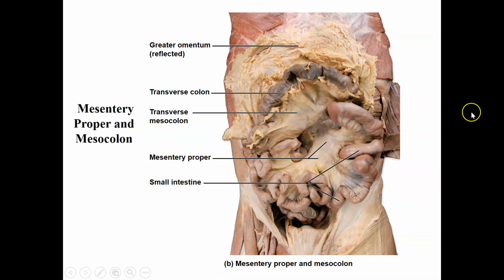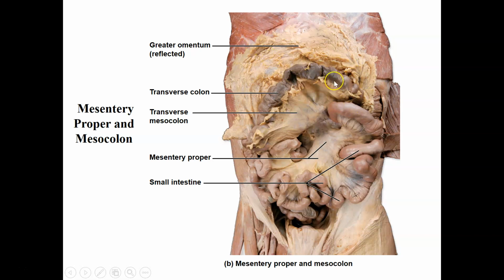Okay, the next few slides are just showing the mesentery. Here is a mesentery from a cadaver, and this is showing the greater omentum that has been pulled back here. When you first open up the abdominal cavity, this would be draped over all of these organs.